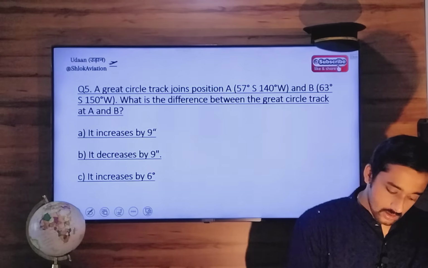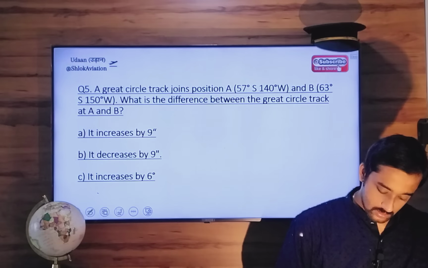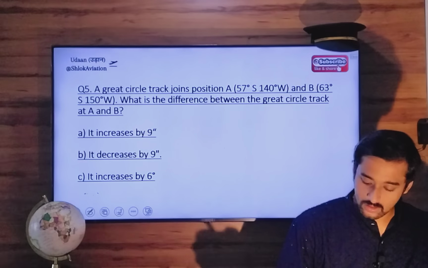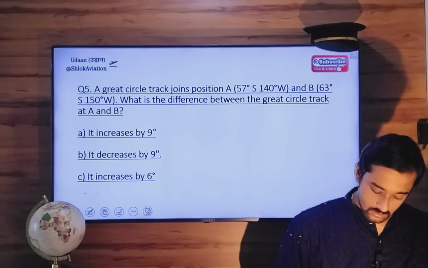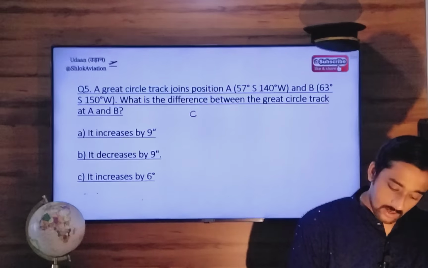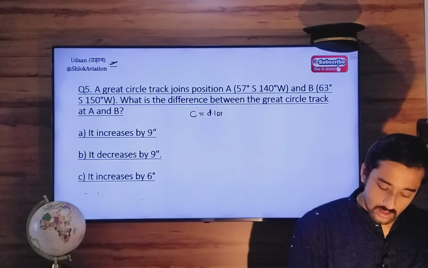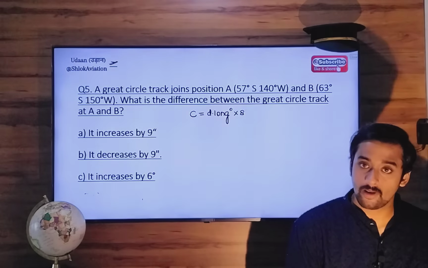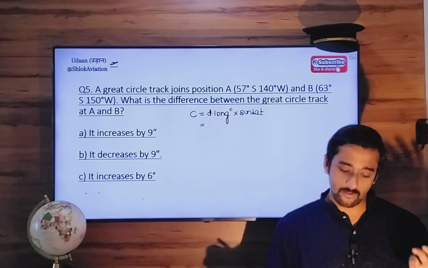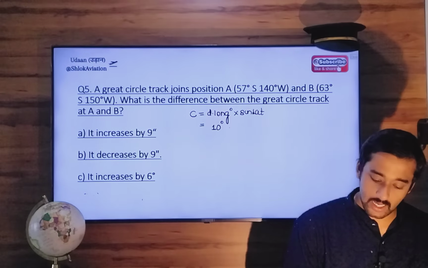Convergency equals d long in degrees into sine of latitude. So what is the difference between these two longitudes? 150 west, 140 west. So 150 minus 140 is 10 degrees.